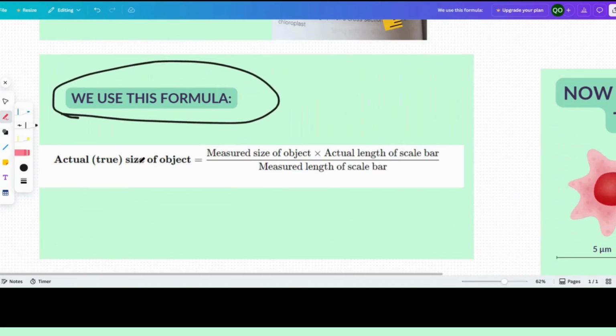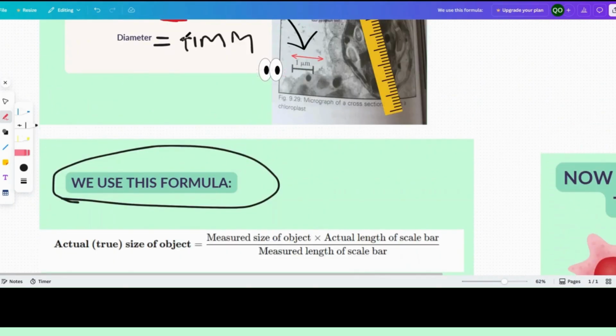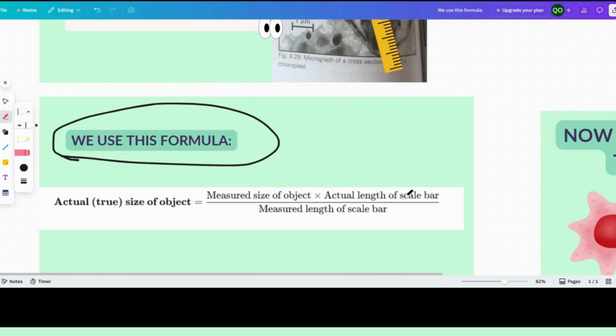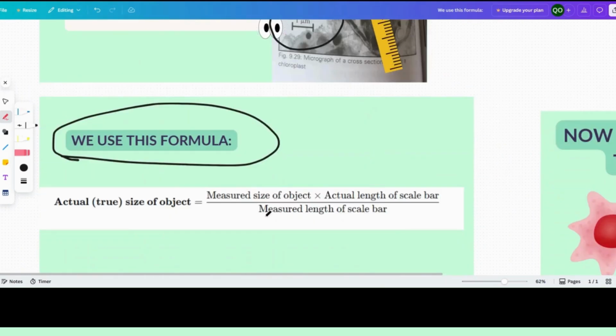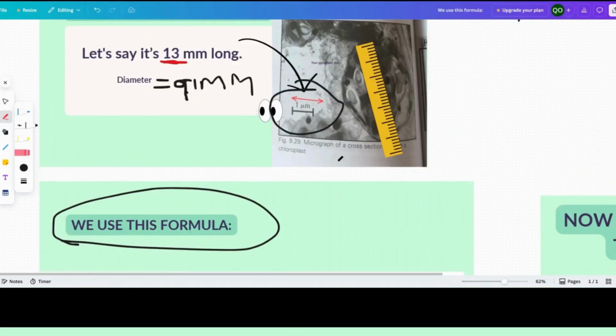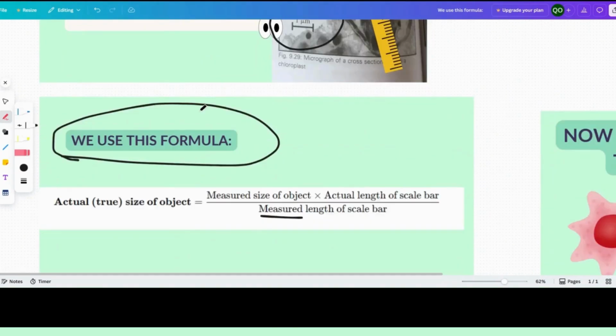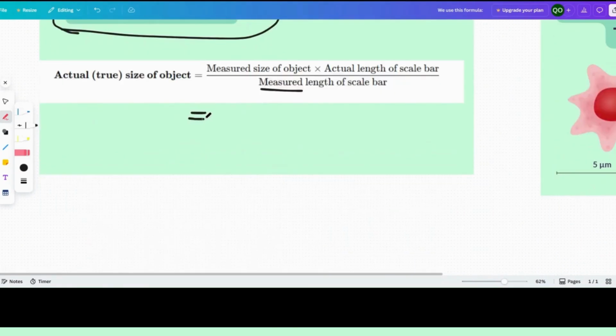Then we are going to use our formula that we need to know. The actual true size of the object is the measured size of the object that we measured, my 91, times the actual length of the scale bar, so that is the actual length in micrometers, divided by what we measured it to be, so 13 millimeters long. Write it out with your units.